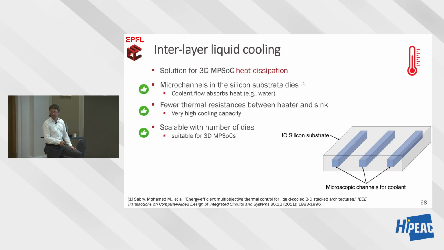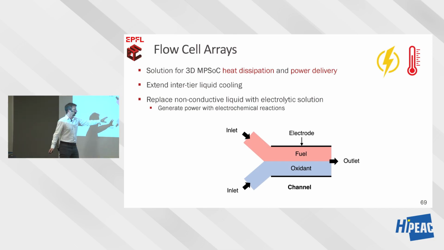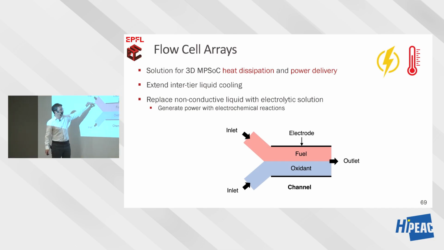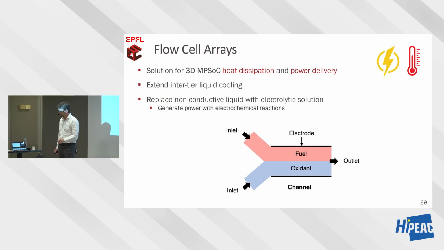Liquid cooling is something which can help, and if you have very small channels, you can actually use two different coolants, one which is a fuel and one which is an oxidant. What you can do with that, you can extract charge by using something called fuel cell arrays.